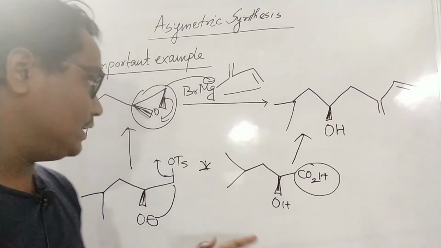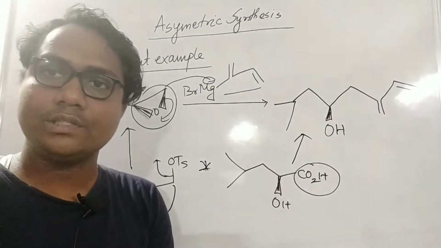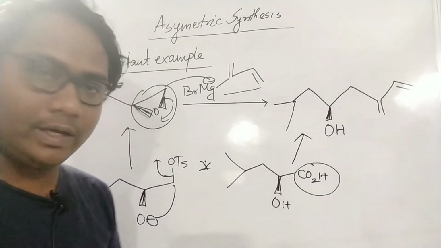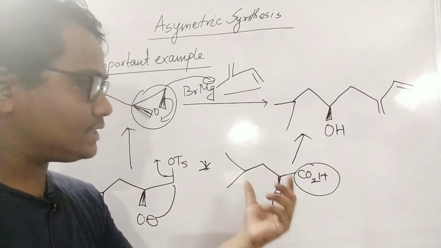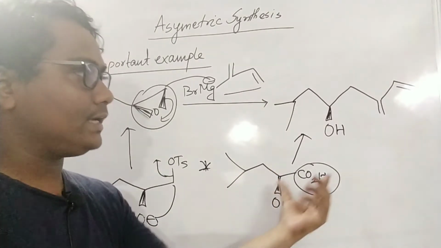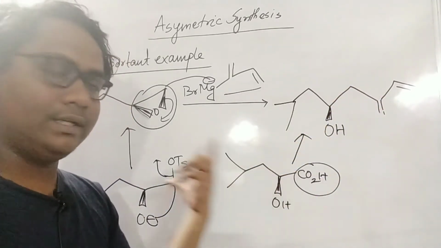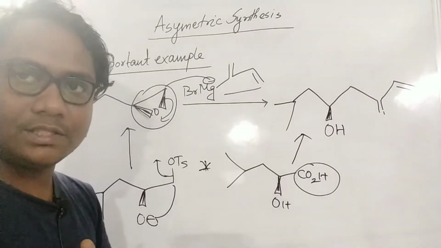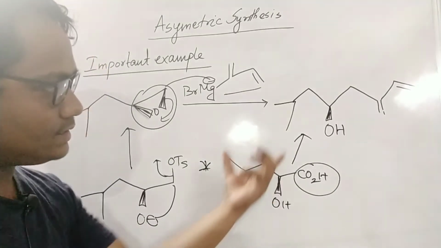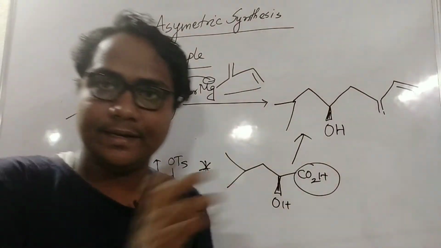See here, the stereochemistry is retained. The OH stereochemistry is not hampered by any reagent. They use this OH stereochemistry and get the same product with addition of any other R group, so it is a retention of the OH stereochemistry. This is one important application of asymmetric synthesis, and I thought this example may be very important for your next exam, or something related to it.